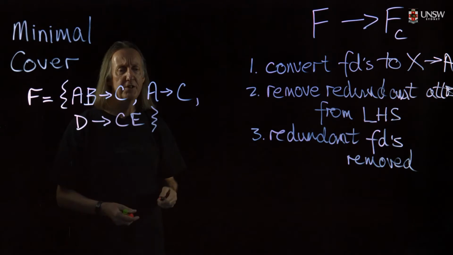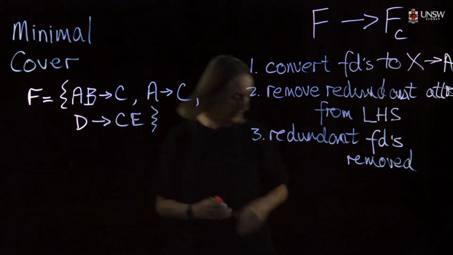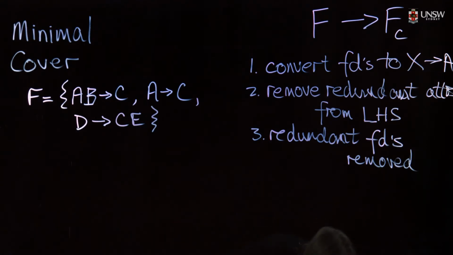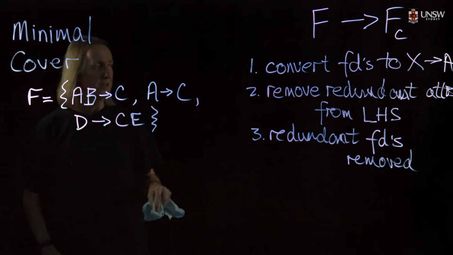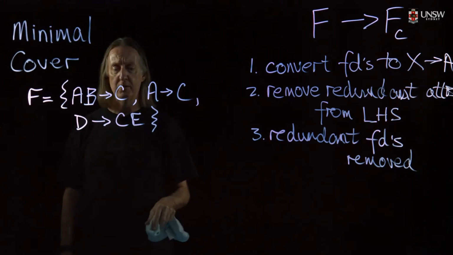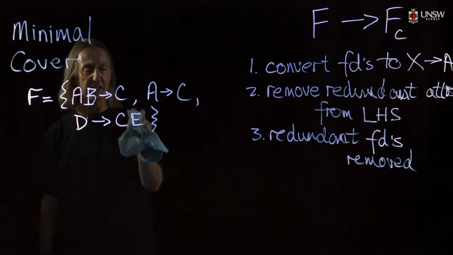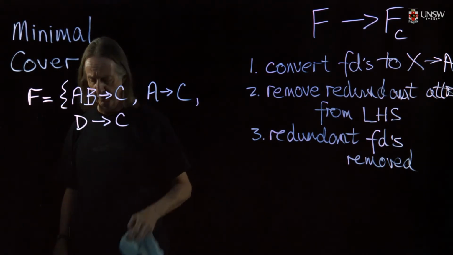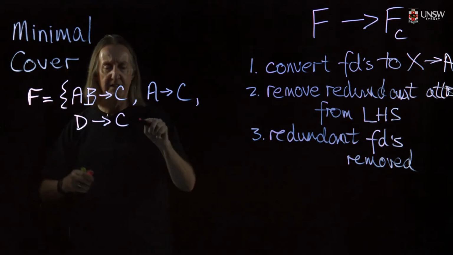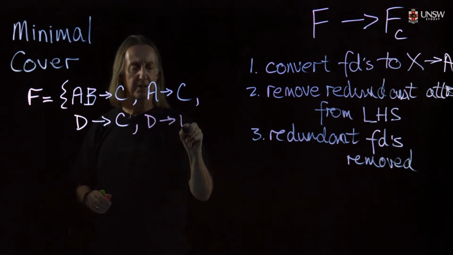Okay, so that's our original set of functional dependencies. We want to make it smaller. The first thing we can do is convert all of the dependencies to a form where they've got a single attribute on the right-hand side. This one clearly doesn't, but it's very easy to convert it to the appropriate form, and that's simply to write these two dependencies.